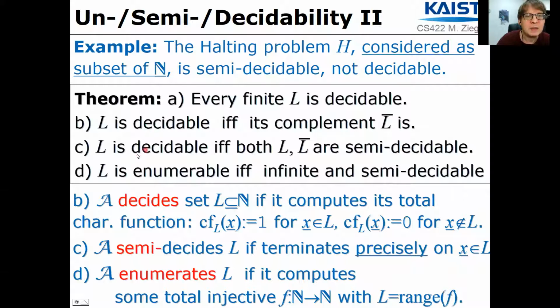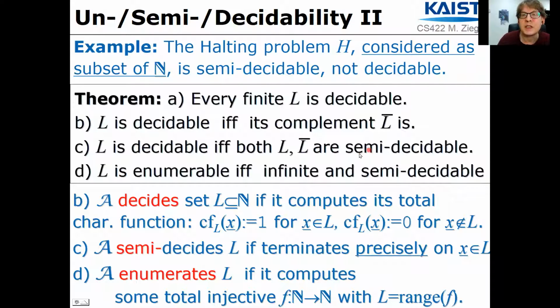And the third item, C, justifies why we gave in our definition the name semi-decidable. Namely, it says that a decision problem is decidable if and only if both the problem and its set theoretic complement, the set of natural numbers without the elements of L, are both semi-decidable.